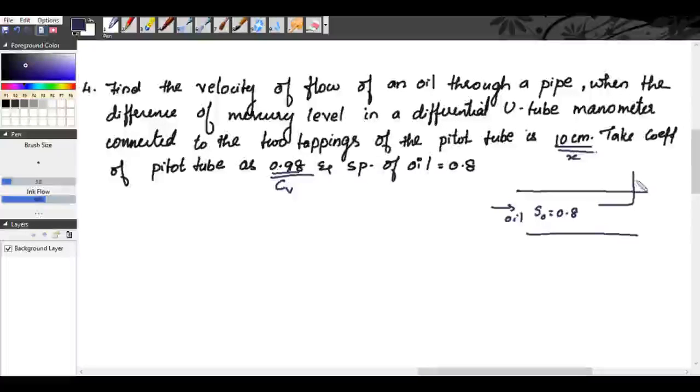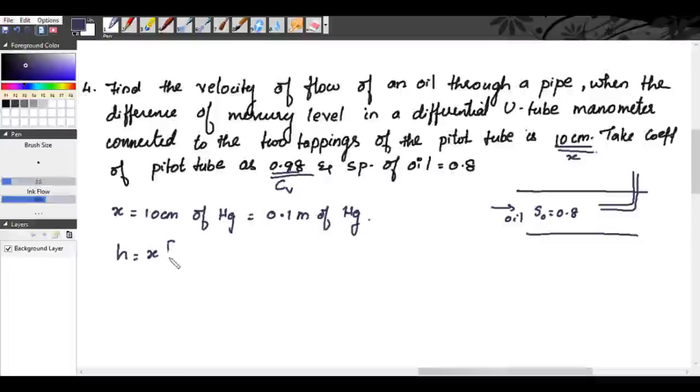You have a Pitot tube. Now X is given as 10 centimeter of mercury. So that is equal to 0.1 meter of mercury. So from this we can find H. What is H?